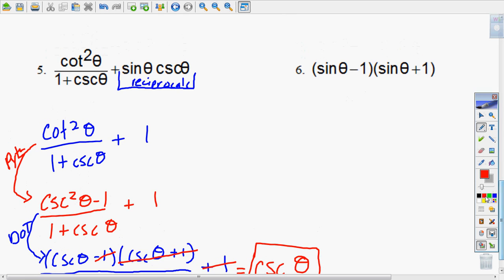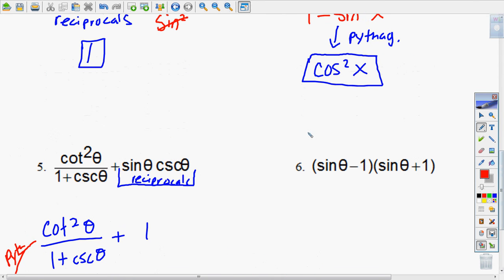If this problem said x minus 1 times x plus 1, what would you tell me to do? You would tell me to do FOIL. Guess what? You should still tell me to do FOIL, even though it doesn't say x minus 1 times x plus 1. So I have sine times sine is sine squared theta.